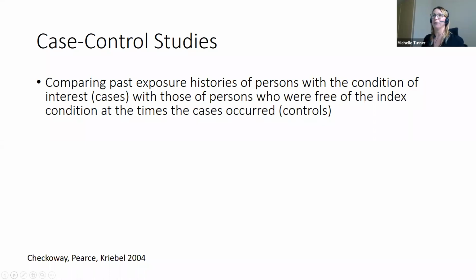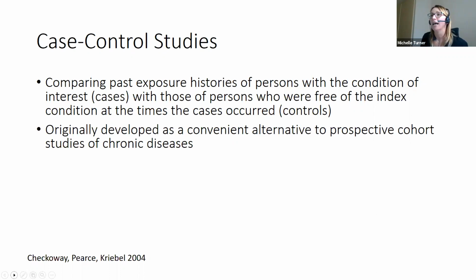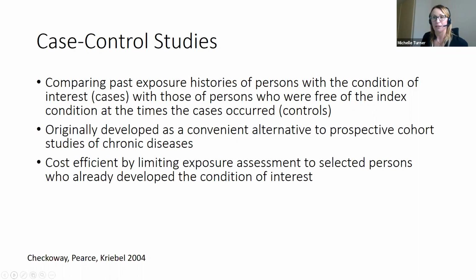So here we're comparing the past exposure histories of cases, so people with the condition of interest, versus those who are free of the condition of interest at the time that the cases occurred. And, as Neil was describing, they're often conducted as a convenient alternative to cohort studies.